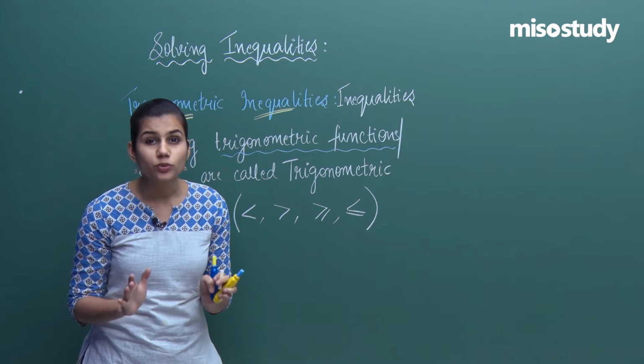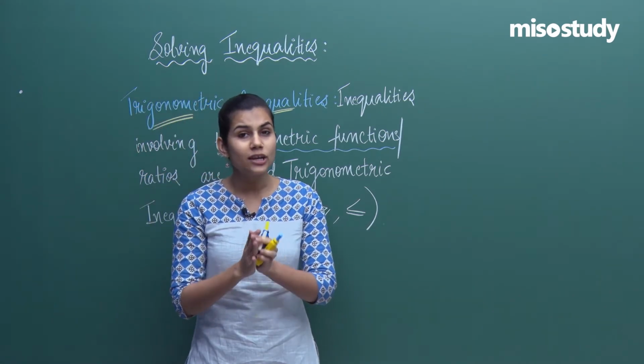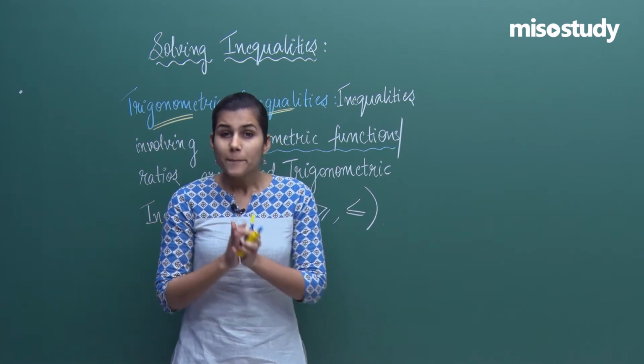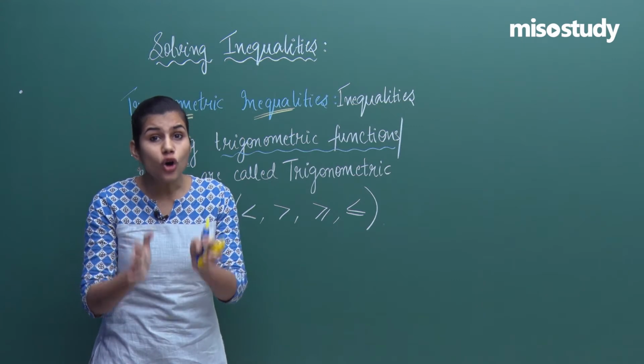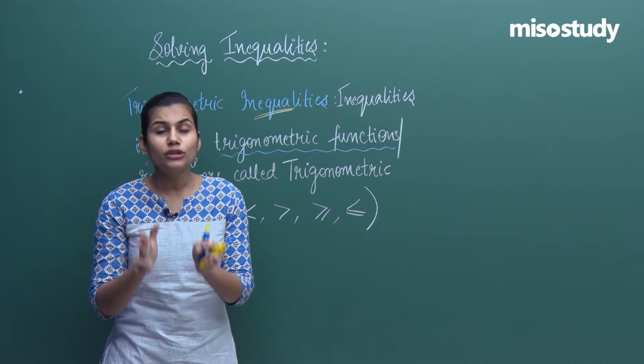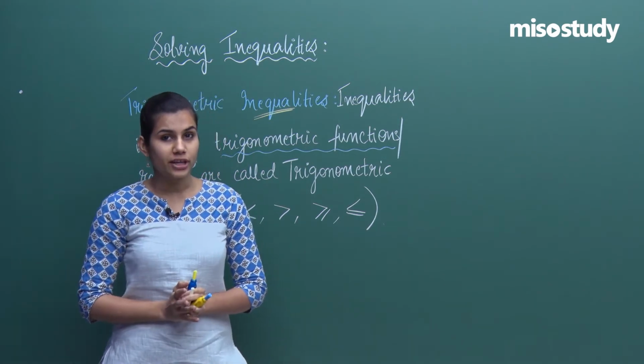And that is what we will be learning to deal with. Basically, we will be learning to solve not trigonometric equations now, but trigonometric inequalities with the help of trigonometric equations.